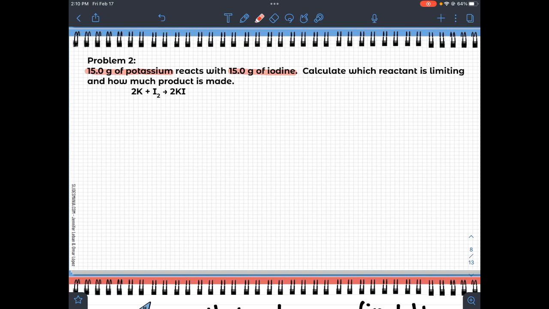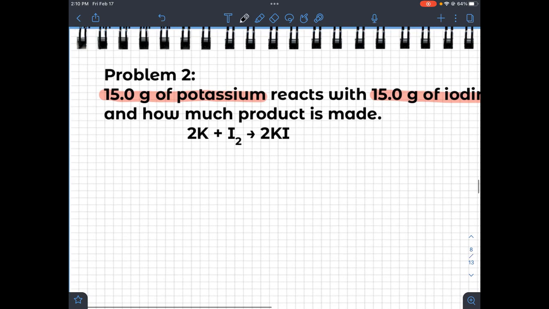So we're going to calculate which reactant is limiting and how much product is made. So I like to start again by writing down underneath each chemical or above it how much I have. I have 15 grams of potassium and I have 15 grams of iodine. And my question is how many grams of KI are going to be produced? I'm going to do 2 calculations to KI and pick the smaller answer.